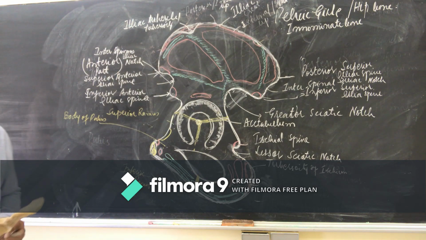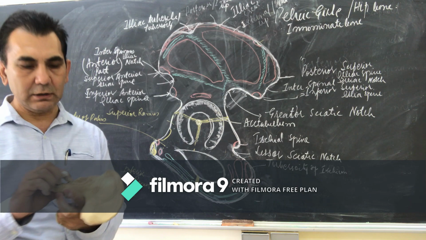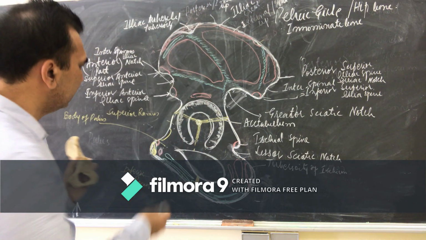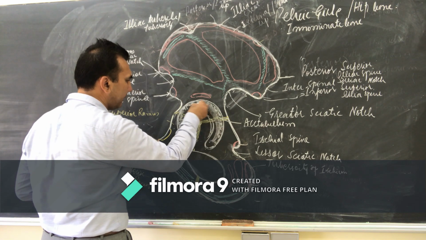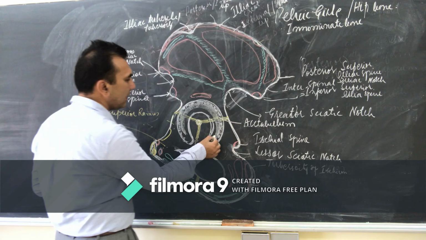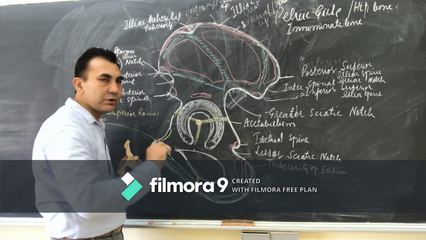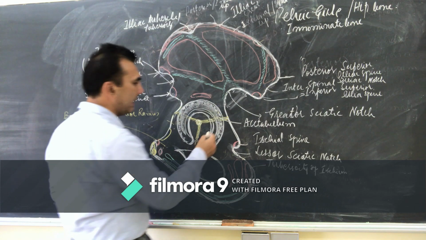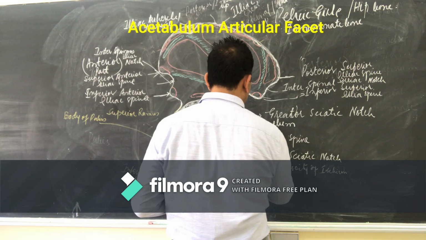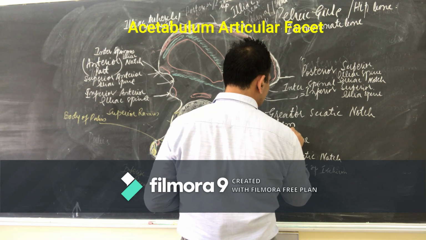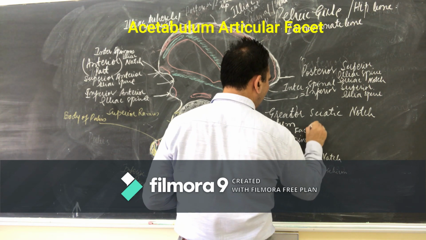In the acetabulum cavity, you are looking here, there is a C-shape like structure. This C-shape like structure, the horseshoe-like structure, which is concave in shape, is called the acetabulum facet.